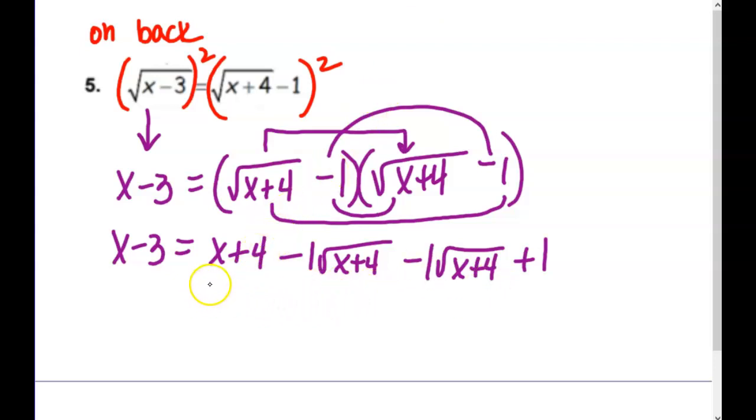I'm thinking, how about if we subtract an x off each side right away? Would that be okay? So now I have a -3 over here. On this side, I have a 4 plus a 1, which is 5.